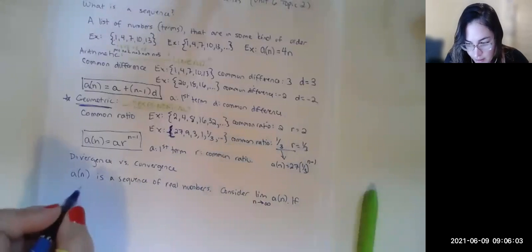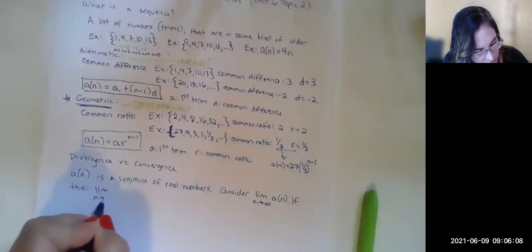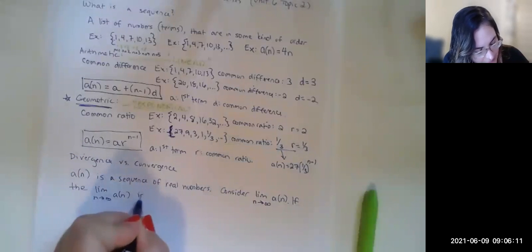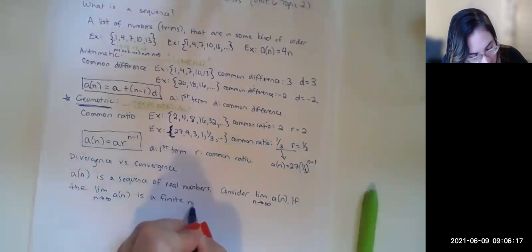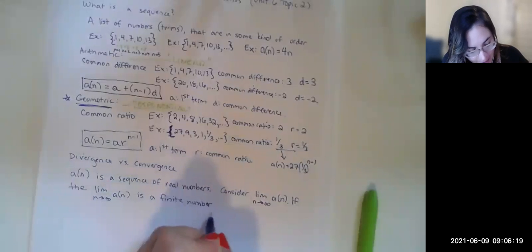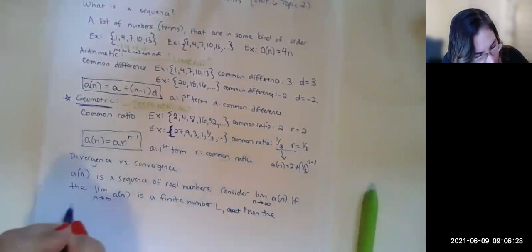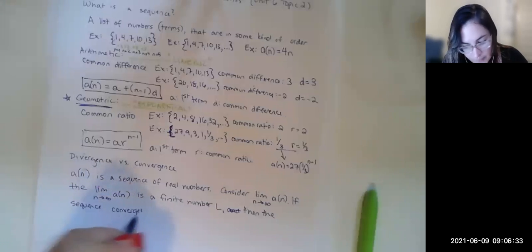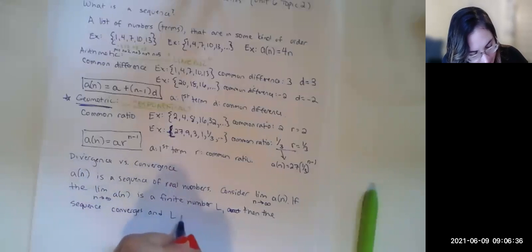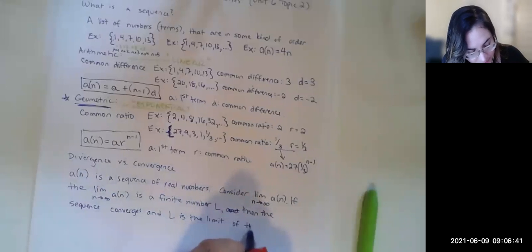If the limit as n approaches infinity of a sub n is a finite number, not infinity and not does not exist, but a finite number, L. Sorry, this should say, then the sequence converges and L is the limit of that sequence.